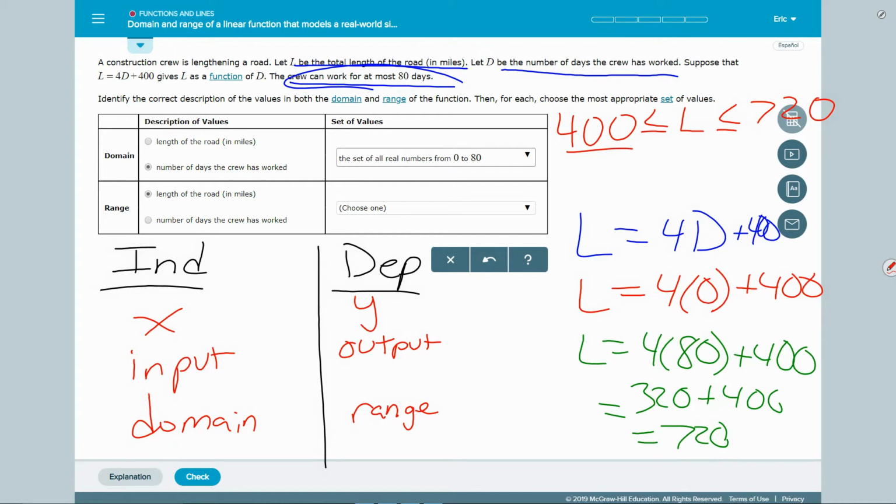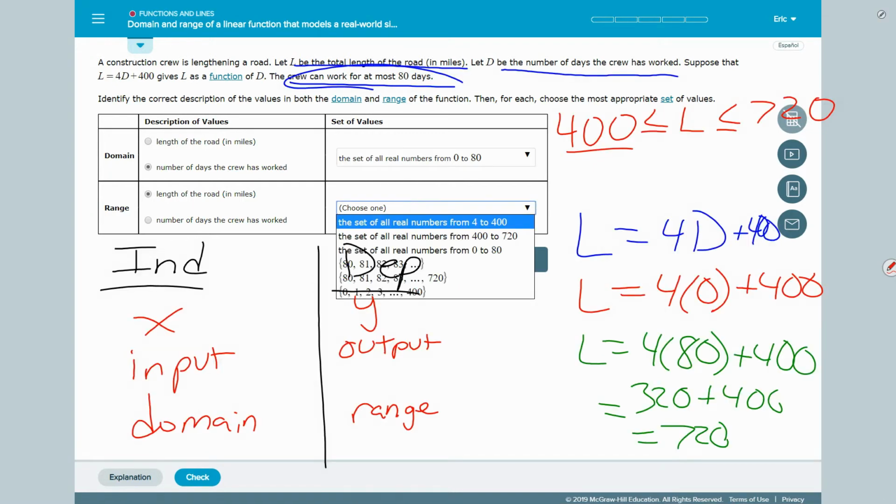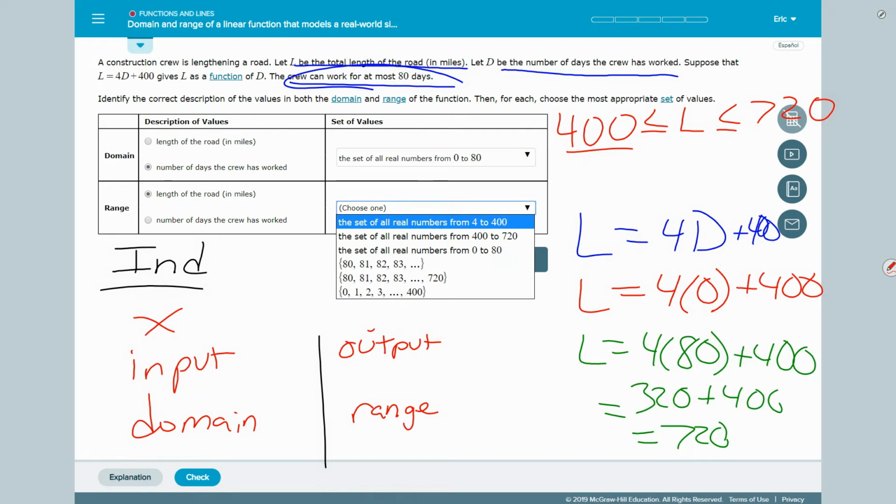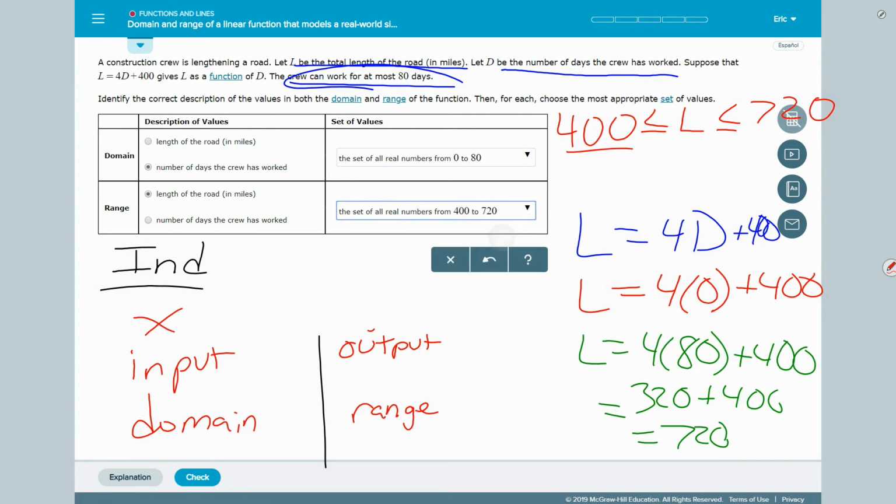So, which one of these answers is between 400 and 720? Well, the only one that is between 400 and 720 would be this option right here. The one that makes sense is the second one, to set up all real numbers between 400 and 720. And that's how you complete problems like this. You identify your domain, which is your independent variable, and your range, which is your dependent variable.